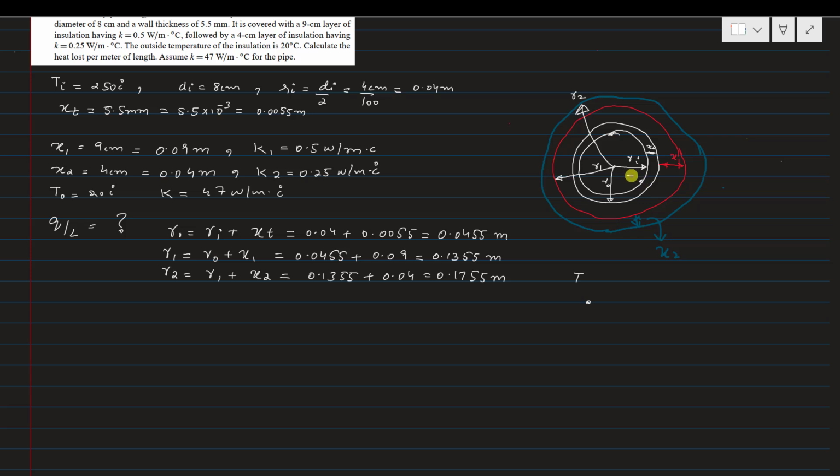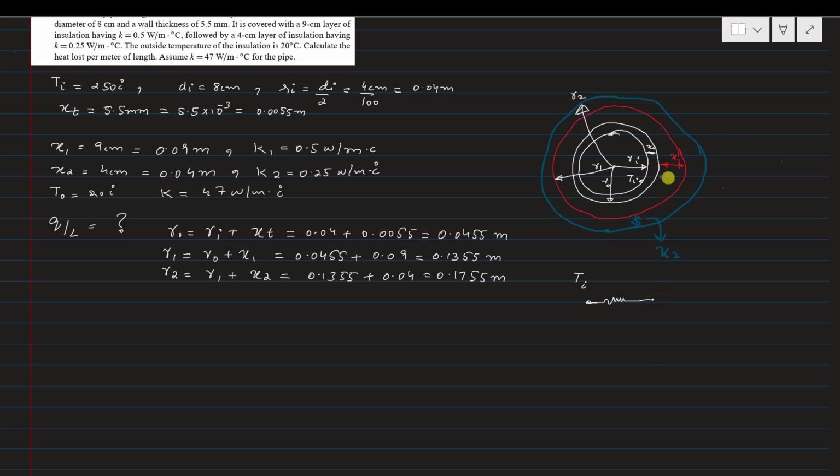Here the temperature is Ti. So the first heat transfer, that is conduction heat transfer, occurs within the wall of the pipe. So it will offer resistance to the heat transfer by the pipe wall.